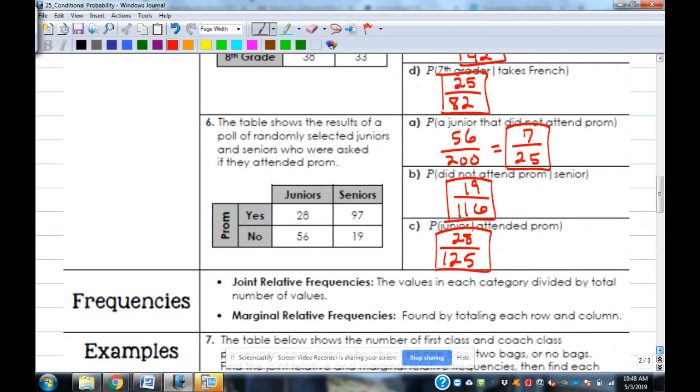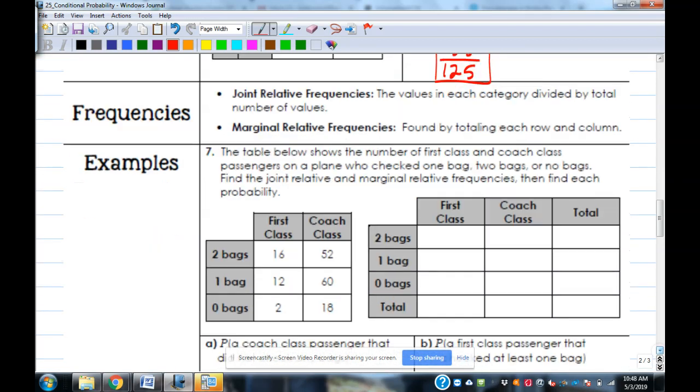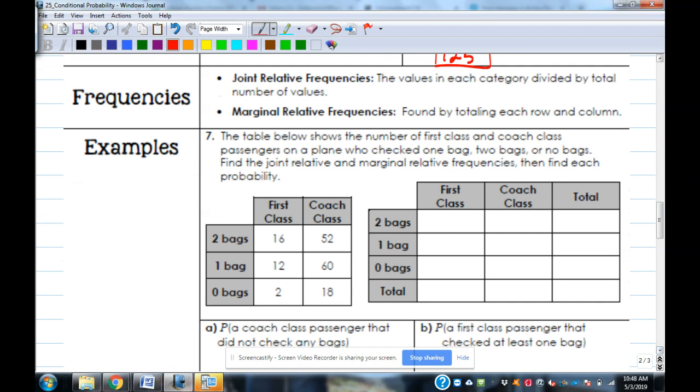All right, let's talk about frequencies and frequency tables and how that can be used to build some probabilities out of that. So joint relative frequencies are the values in each category divided by the total number of values.